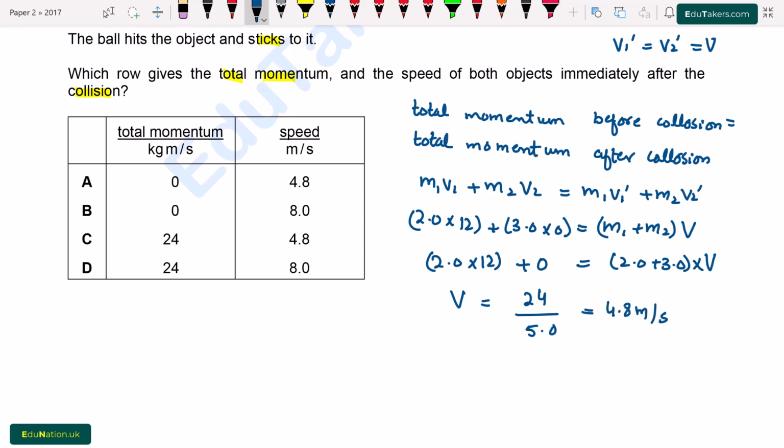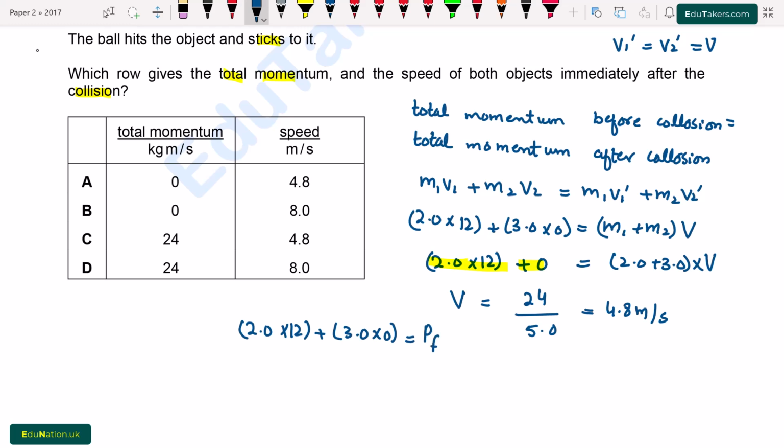Next, we also have to find out the total momentum after the collision. The total momentum before the collision and after the collision will be same. So from here, I can say that total momentum before the collision is 2.0 multiplied by 12 plus 3.0 multiplied by 0. This is the momentum after the collision.